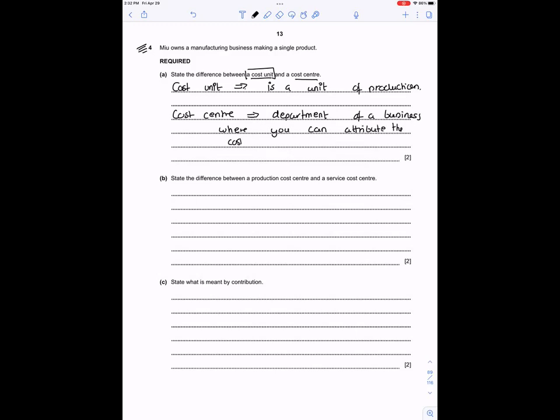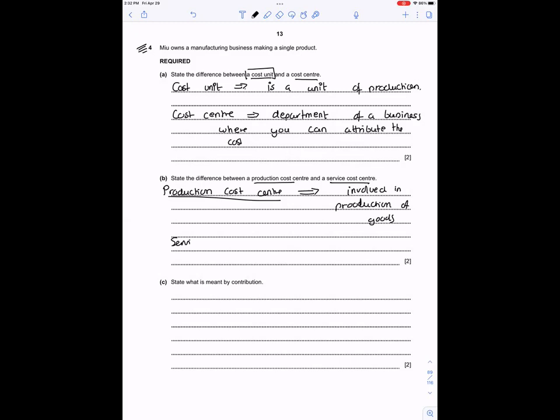Okay. State the difference between production cost center and service cost center. Anybody? Production cost center is where the department is directly related to the production of the goods. They're directly involved in production of goods. And what about service cost center?